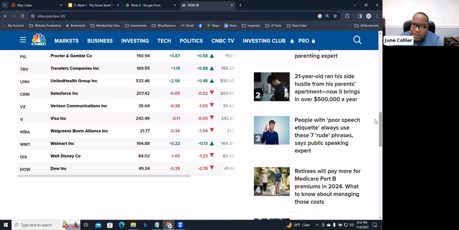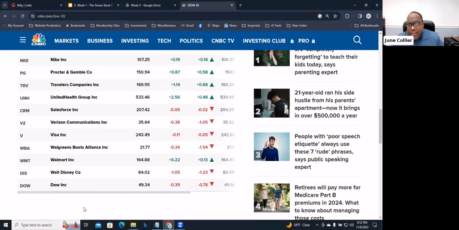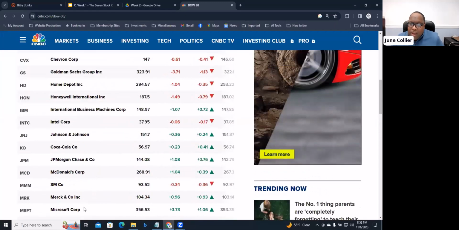It's a chemical company, okay? So these are the top 30 companies that are in the Dow. These are going to be blue chip companies.